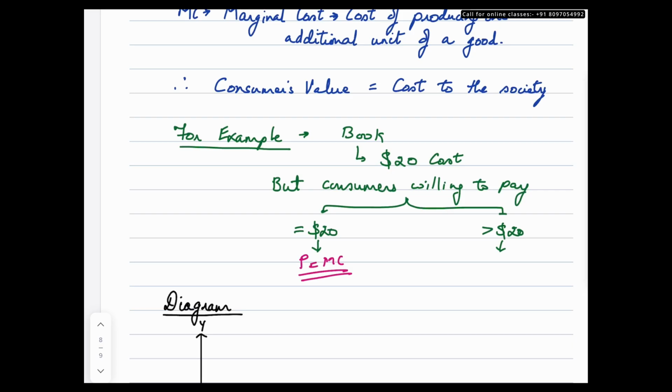But if the situation is different, that means if consumers are willing to pay only 20 bucks, but the cost is anything greater than 20, let us say it's $25, then we are allocating more resources than what is valued by the consumers, correct? And this is where it is not worth it. This is where you would say the resources are misallocated. We'll take a look at the diagram, how allocative efficiency could be represented diagrammatically.